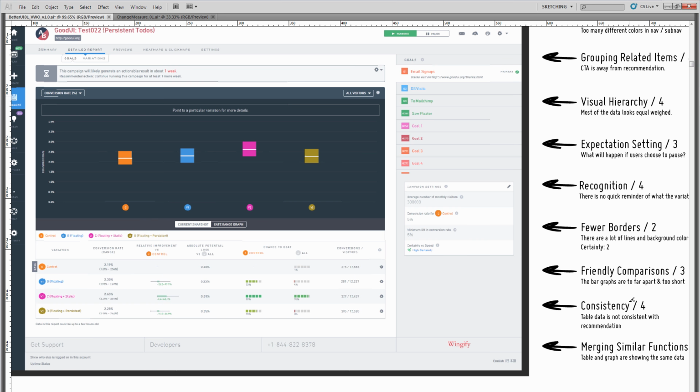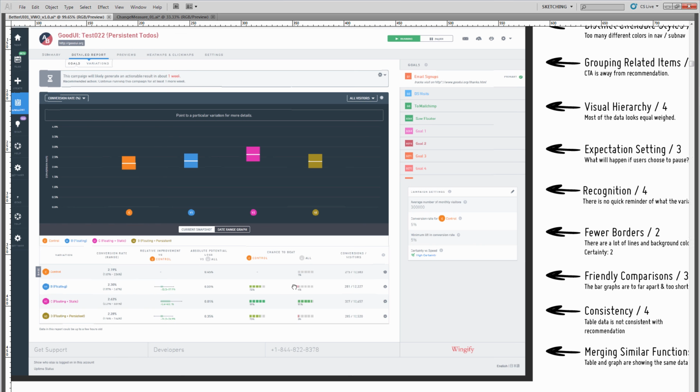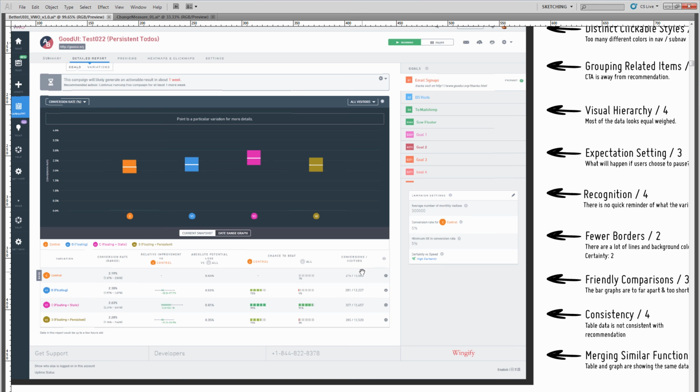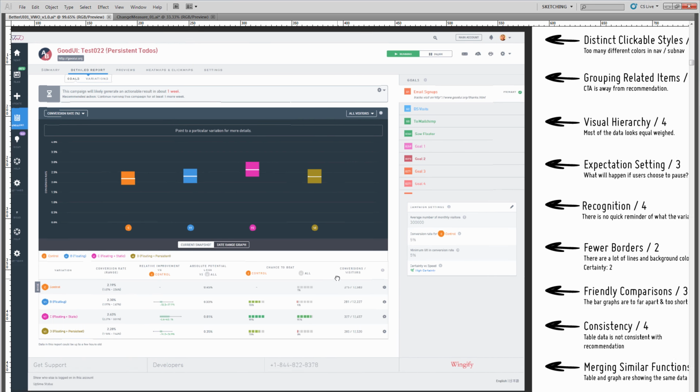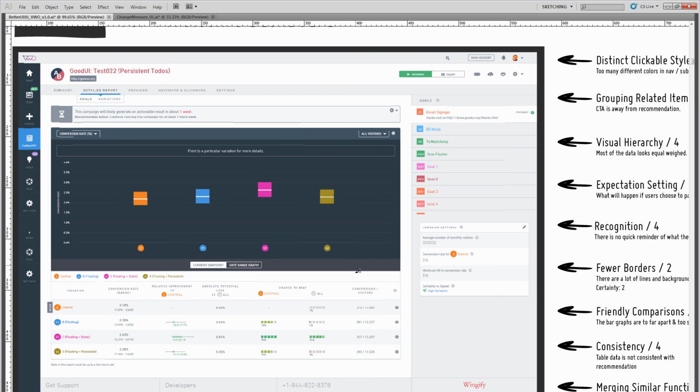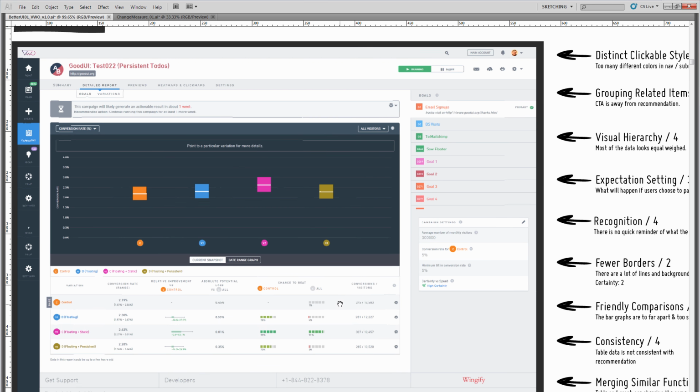Consistency. Table data is not consistent with the recommendation. So again, I'm not going to go into statistics, and I'm sure VWO has an army of statisticians who know more on the topic.